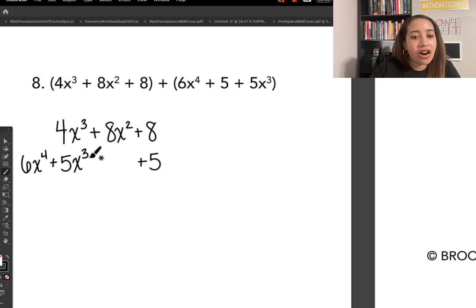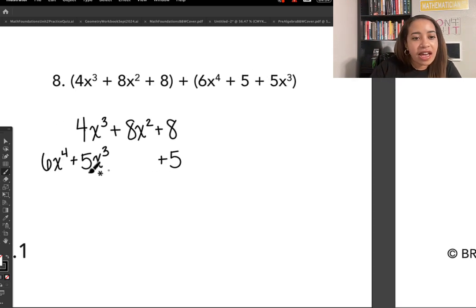So now that I've got all of the pieces that look alike, I can add them up. 6x to the 4th power did not have a matching like term, so that just comes down to my answer all by itself.